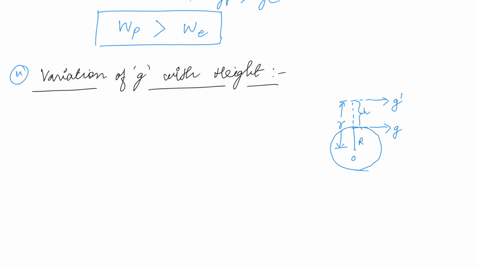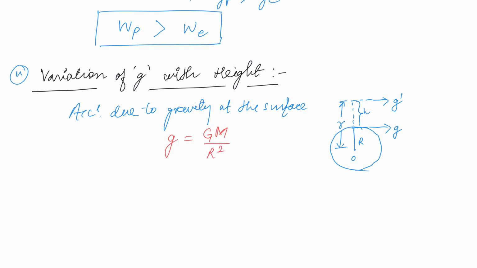Now, if we write the acceleration due to gravity at the surface of Earth, that will be the same formula which we were talking about. So small g is equal to GM by R square. Now since we have raised an object, or we have to measure the acceleration due to gravity at this height, what will the acceleration due to gravity be?